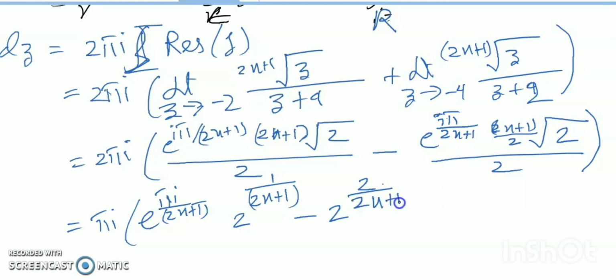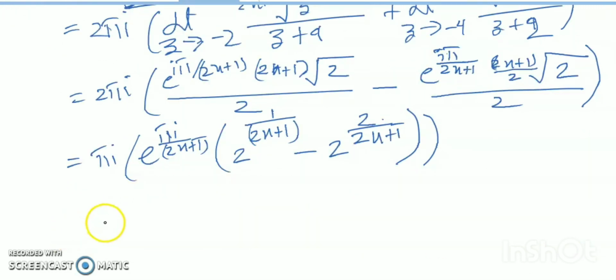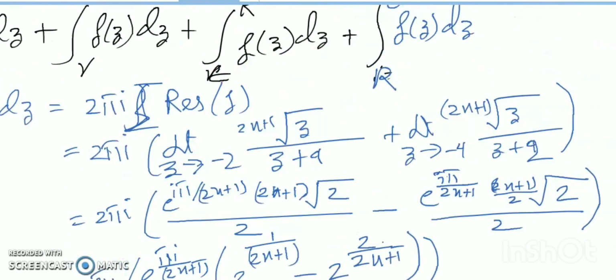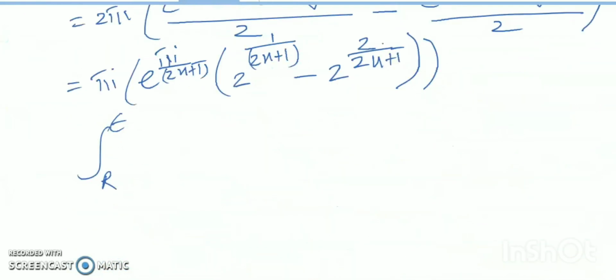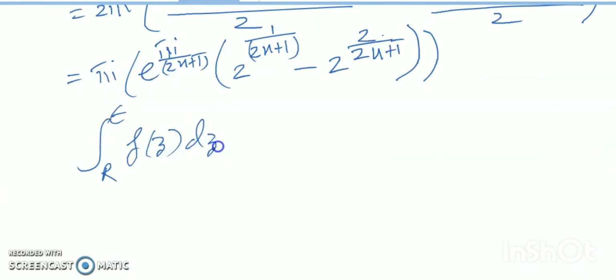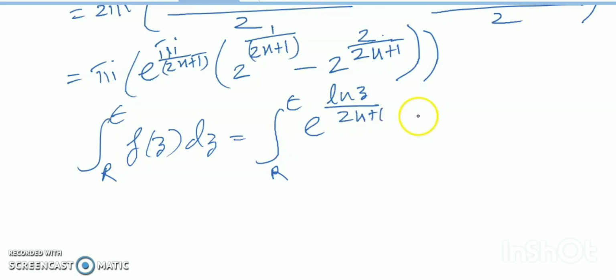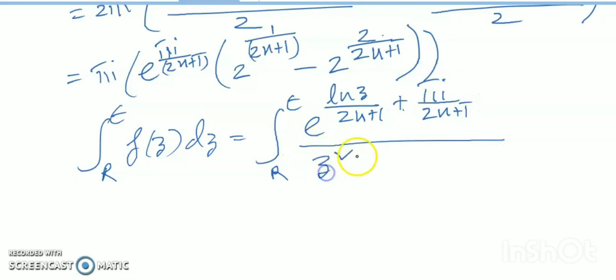Okay, let's go friends. Now a very nice technique: R to epsilon, okay, this portion, epsilon R, f(z) dz, R to epsilon e to the power ln z divided by 2n plus 1 plus pi I divided by 2n plus 1, divided by z square plus 6z plus 8, okay, into dz.